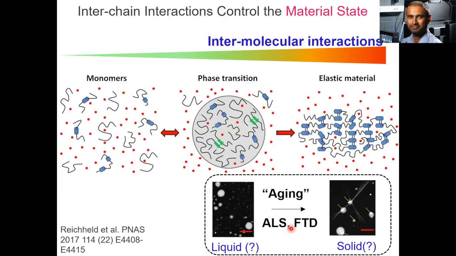So one might have to understand first what contributes to a given set of molecules undergoing phase transition, what contributes to their liquid-like behavior, and what does it take for this assembly to evolve over time to go from a liquid-like state to a solid-like state, and whether that particular transition is functional or is related to the disease.